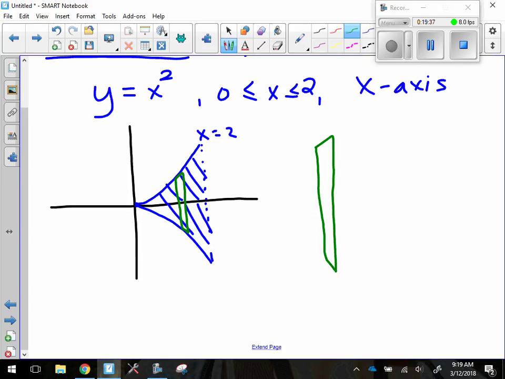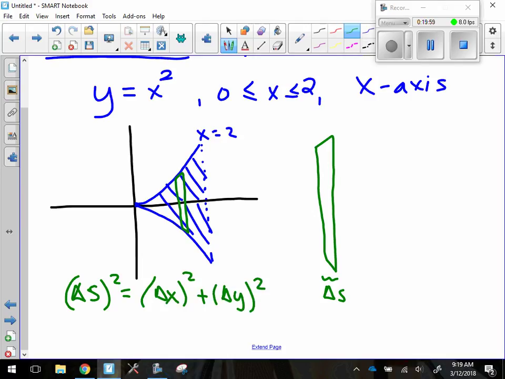And then I say that the thickness of this rectangle is delta S. Not delta X or delta Y, because it's kind of on an angle. And what I'm going to end up saying in a minute is that I'm going to use the Pythagorean theorem, which tells me that delta S squared is going to be delta X squared plus delta Y squared.